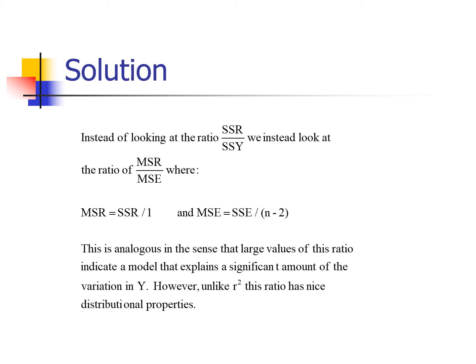It does have a new property, and that new property is that we can mathematically prove the distribution of this new quantity, MSR over MSE. And so we're going to spend a few slides, for better or for worse, talking about this MSR over MSE and what its distribution ends up being.